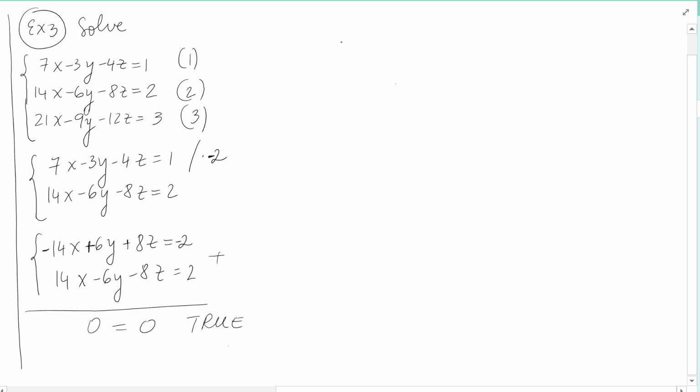Now if I copy 2 and 3 together, 14x minus 6y minus 8z equals 2, and 21x minus 9y minus 12z equals 3. And I want to eliminate again one of the variables. Let's say I want to eliminate x. So I'm going to multiply this one by 3, and I'm going to multiply the second one by, let's say, -2.